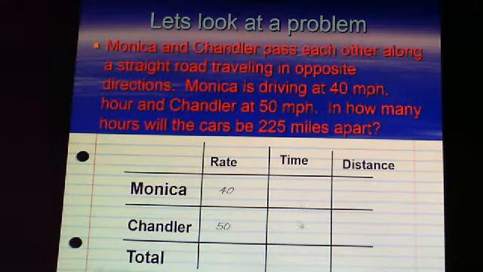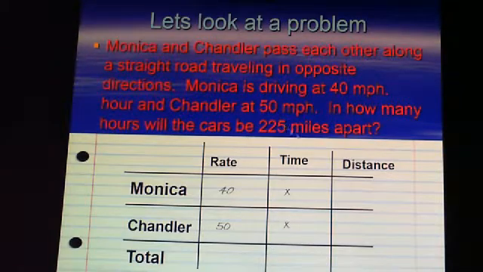They want to know in how many hours will the cars be 225 miles apart. So whatever our hours are for Monica is going to have to be the same amount of hours for Chandler, because they're going the same amount of time. They started at the same time when they passed each other, and they have to end at the same time because they're going the same amount of time.